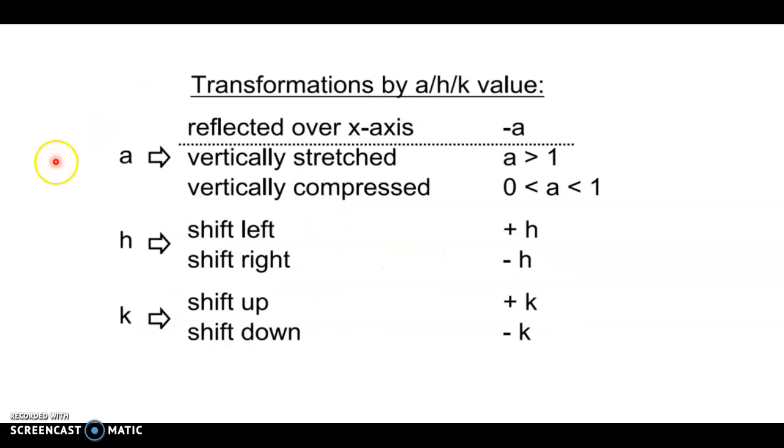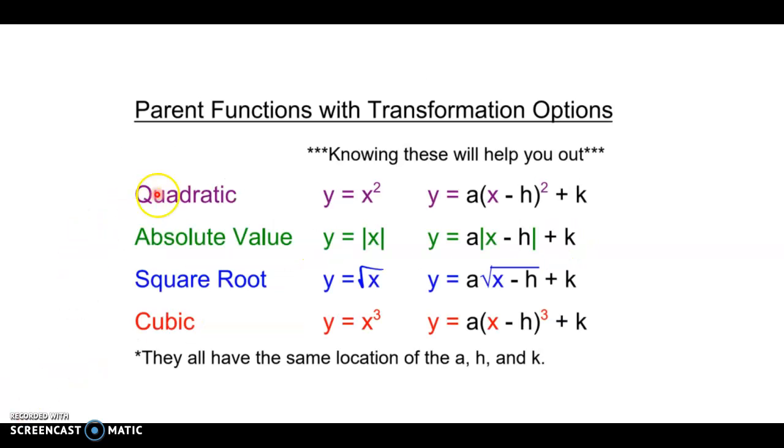If you change the a, if your a is negative, it's going to reflect it over the x-axis. If your a is greater than 1, it's going to stretch it, make it larger. If it is greater than 0 but less than 1, it's going to compress it, make it smaller. If your h is positive, let's look at just the quadratic.